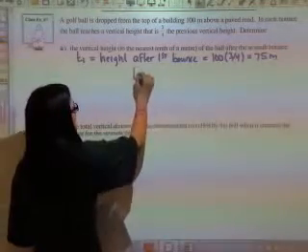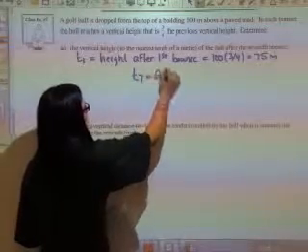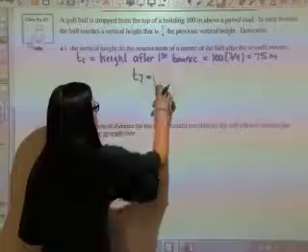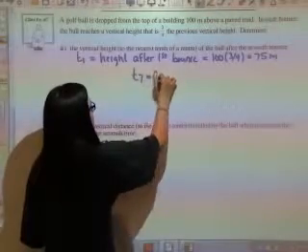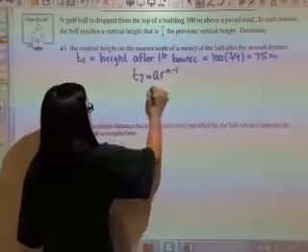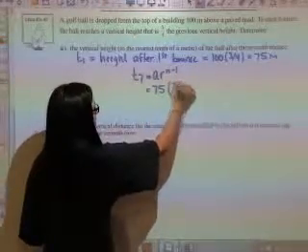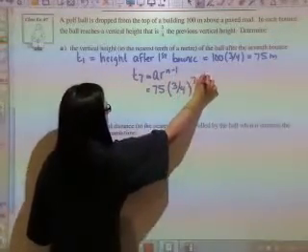So then T of 7 becomes the height after the 7th bounce. So 75 is my first bounce. 3/4 is my common ratio.